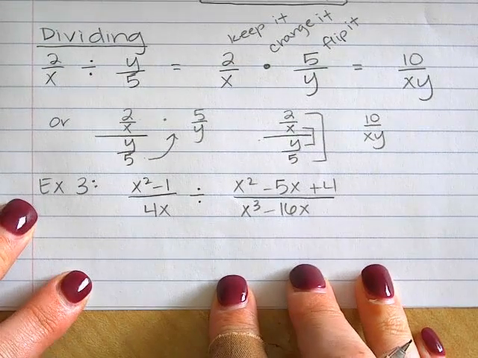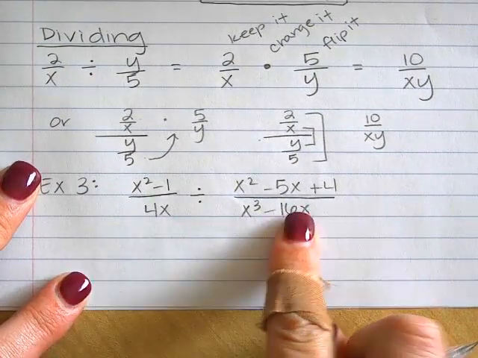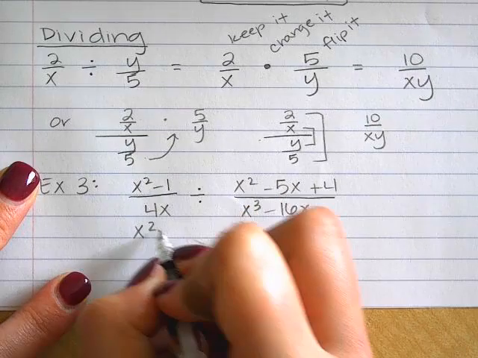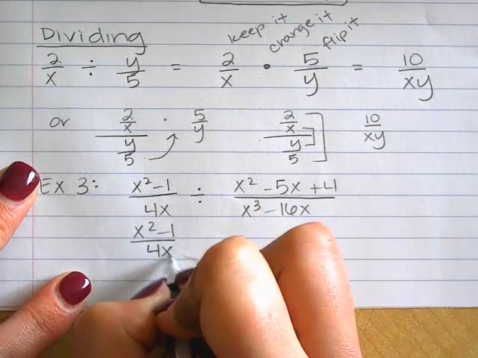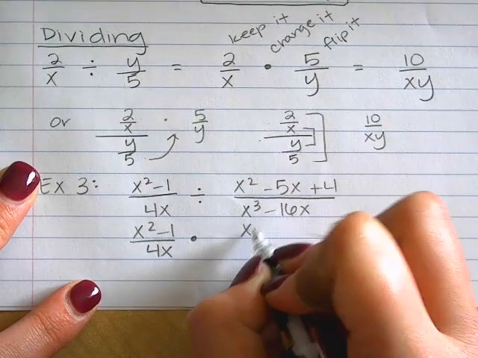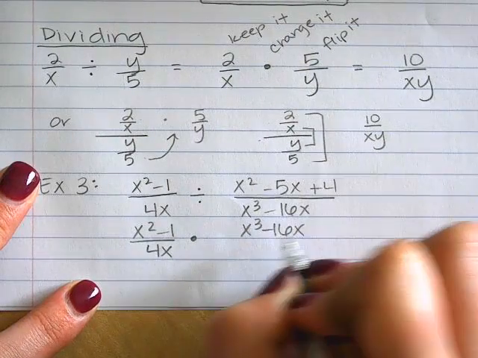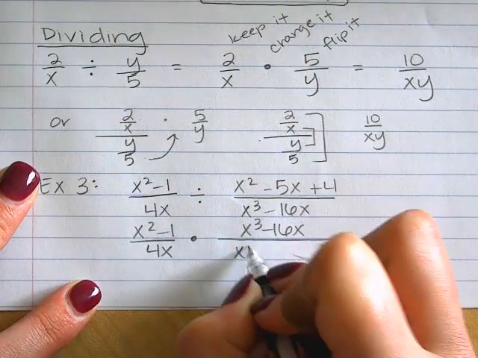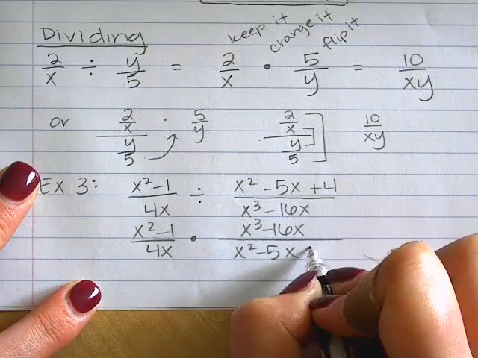Okay, so first I'm going to do keep it, change it, flip it. So I'm going to change this to multiply, and then I have the reciprocal over here.